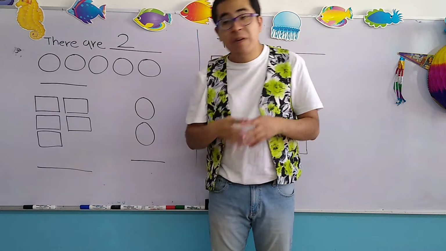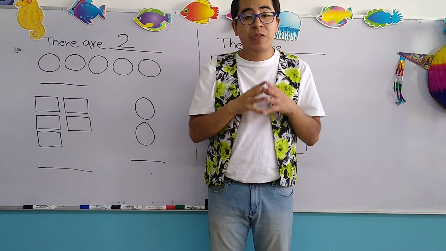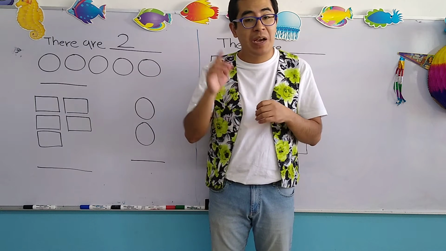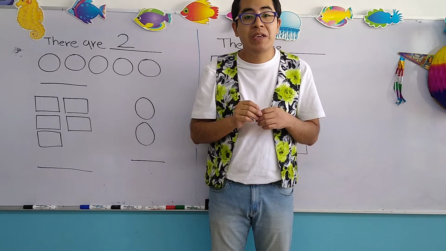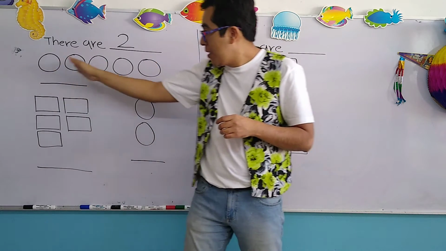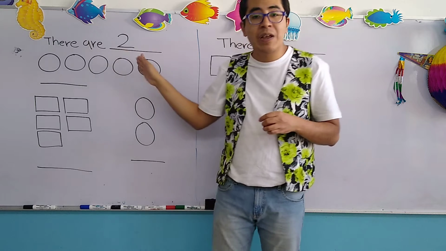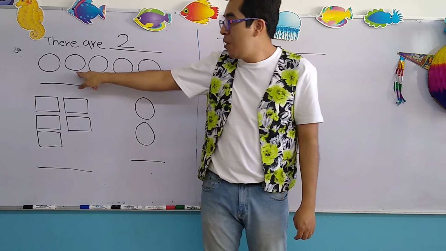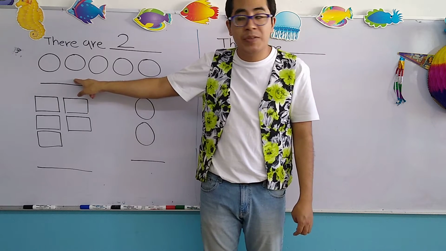Now, once we have drawn the quantity of shapes, we have to write how many circles are here, okay? In this first horizontal line, we have to count the circles and write the number in this line, okay? On this line.